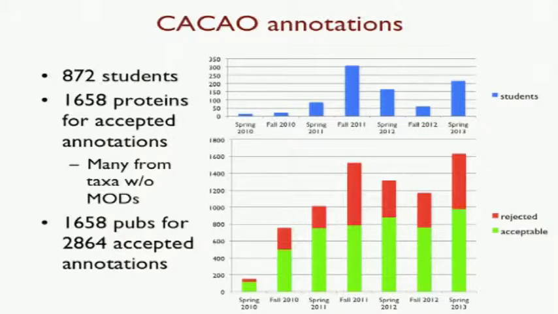So in the end, we've had over 1,000 annotations that we're sending back to UniProt through EBI. Many of these, interestingly, are from taxa that don't have model organism databases, or not ones that are going to be high priority. I think those might be especially interesting for including in things like the phylogenetic annotation projects that Paul's involved in.